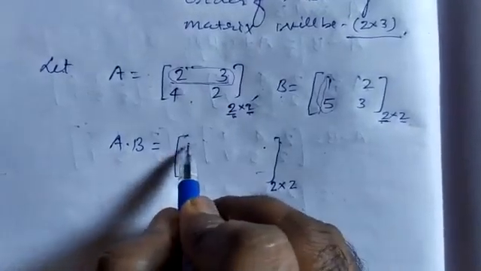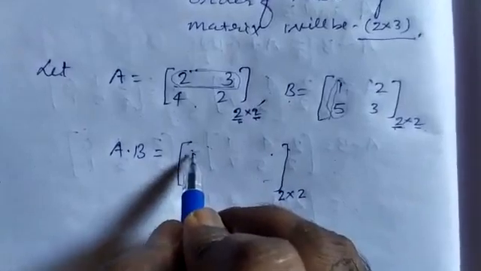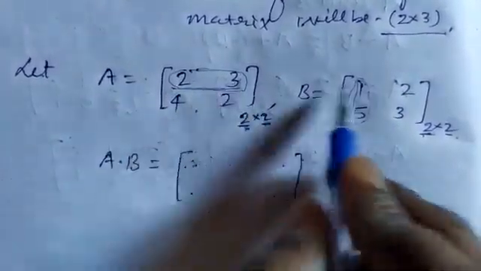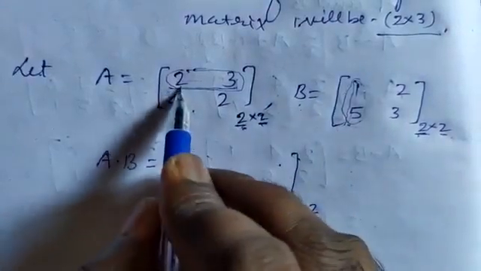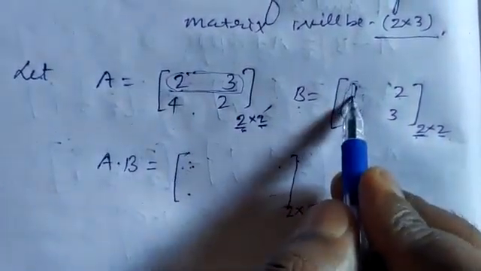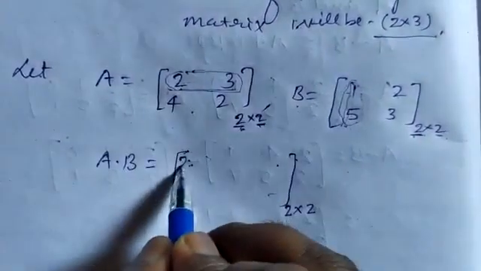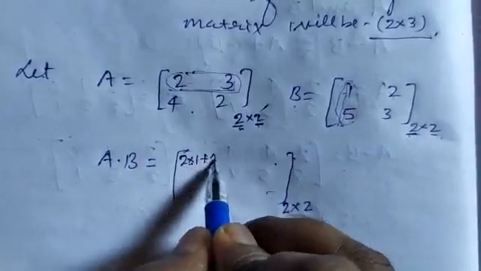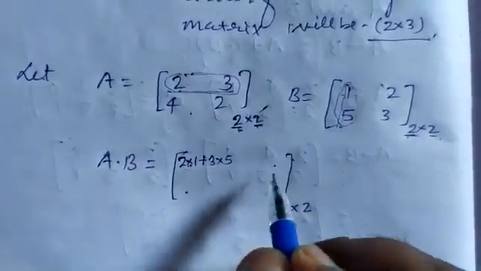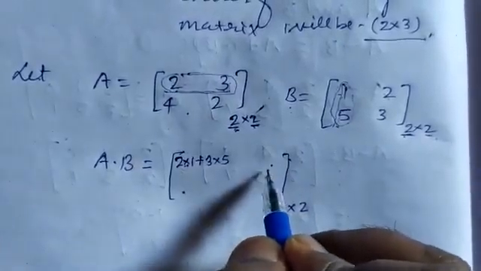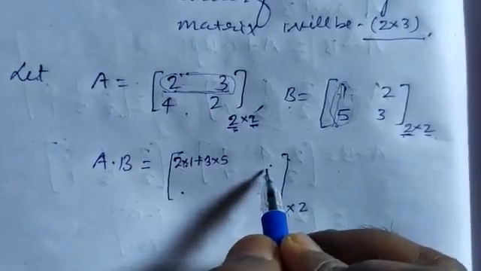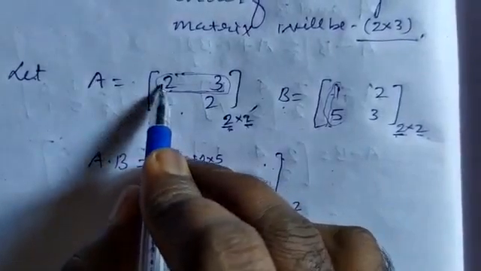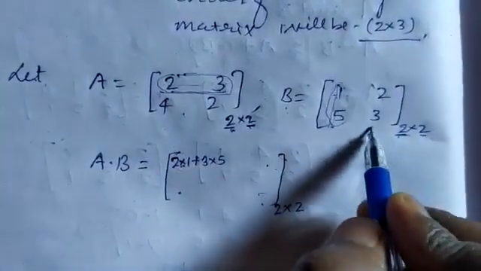To write the first element, which is of first row and first column, we multiply the first row with the first column. The first element is 2 and here the first element is 1, so 2 into 1 plus the second element 3 into 5. Then we have to write here the second element of this matrix, which will be of first row and second column. It means we have to multiply the first row with the second column.